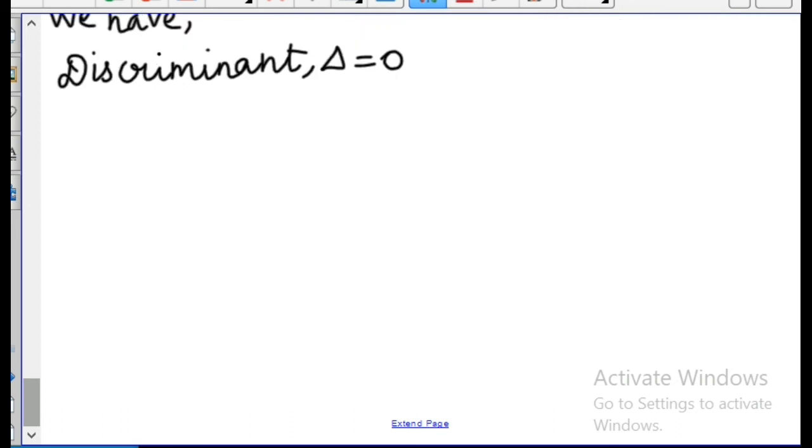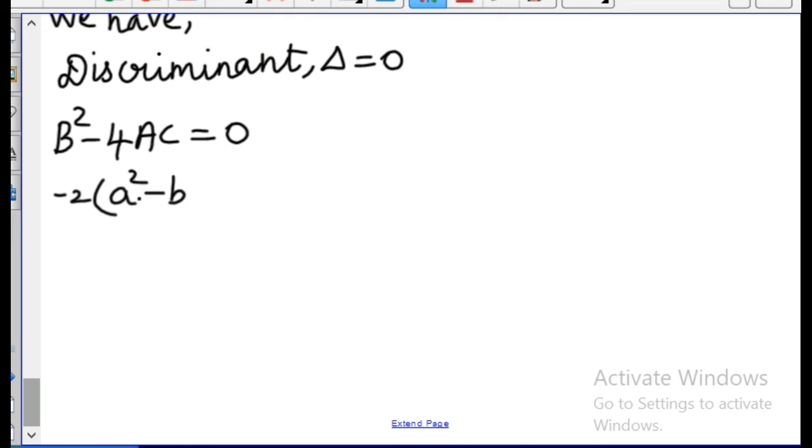So discriminant means b squared minus 4ac equal to 0. Now we have to substitute the expressions for B, A, C. For capital B we are having minus 2 into a square minus bc, whole square.